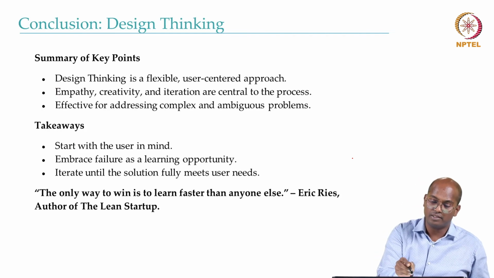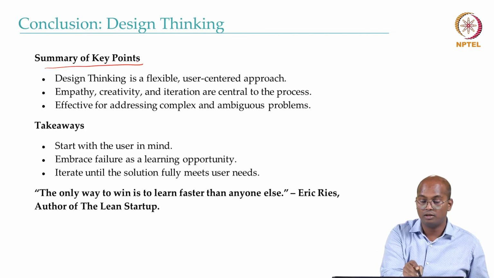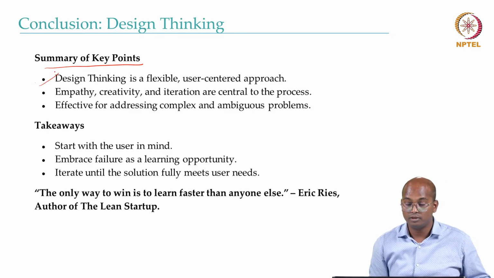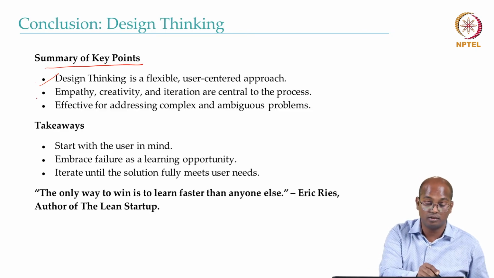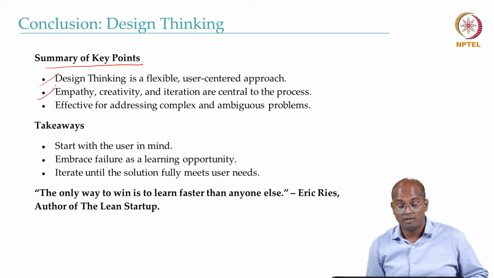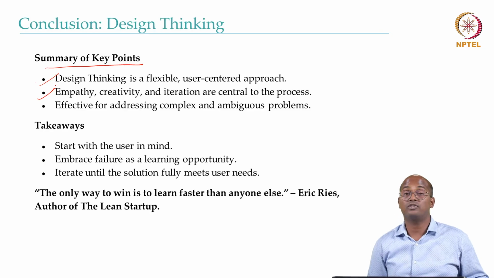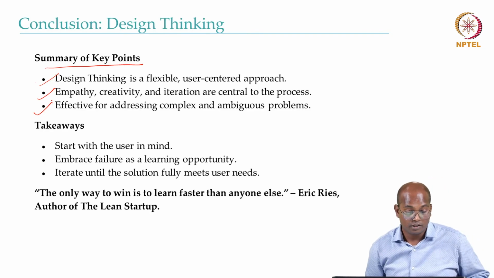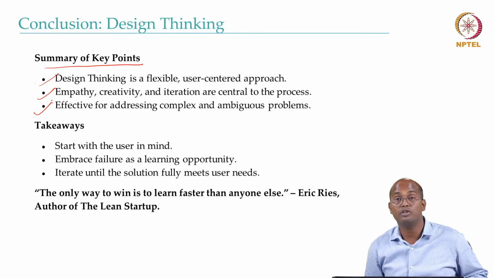So the conclusion, the summary of the key points: design thinking is a flexible, user-centered approach. It keeps the user in the center. Empathy, creativity, and iteration are central to the process. It is effective for addressing complex and ambiguous problems.